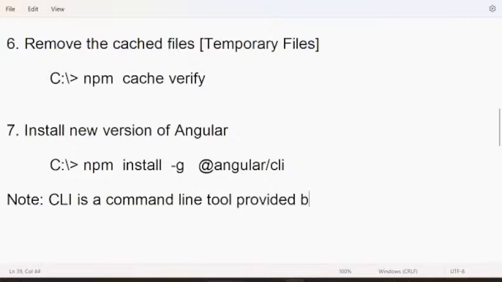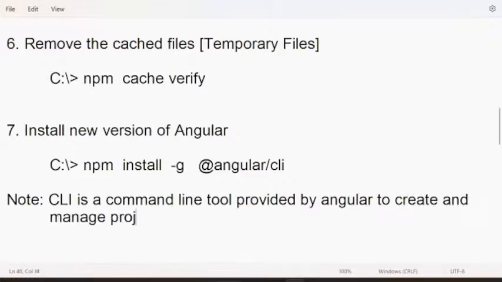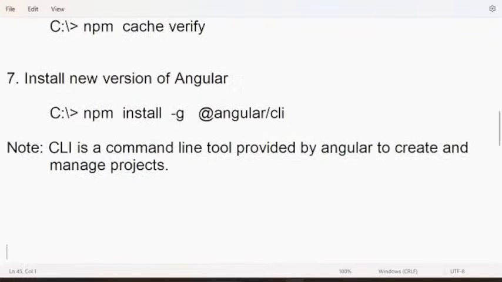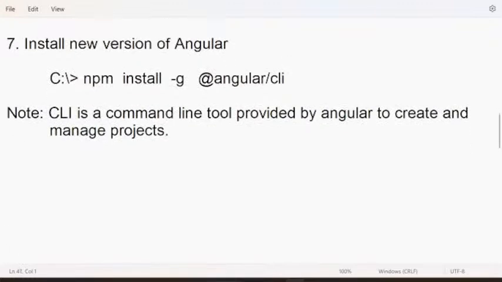Note that CLI is a command line tool provided by Angular to create and manage projects. You create projects, manage your projects, and do everything related to Angular from this Angular CLI.